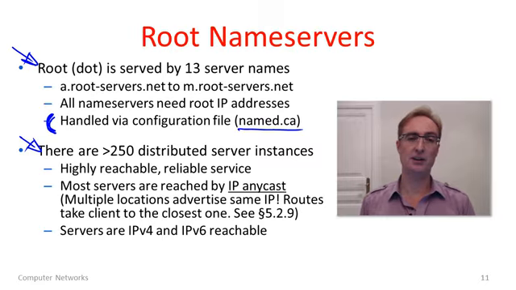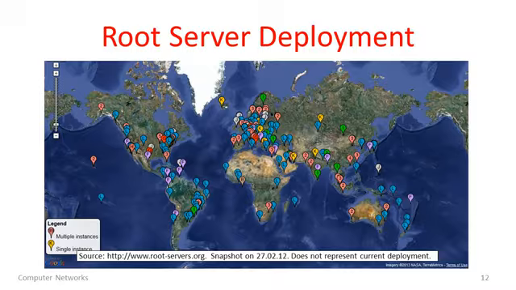So it will effectively route you to the closest replica of that IP address. This is called Anycast. And we're getting a bit of a performance gain by going to the closest one, as well as getting replication, which is good for reliability. And I'll just point out that these servers are reachable via IPv4 as well as IPv6, of course, so that the IPv6 internet will work.